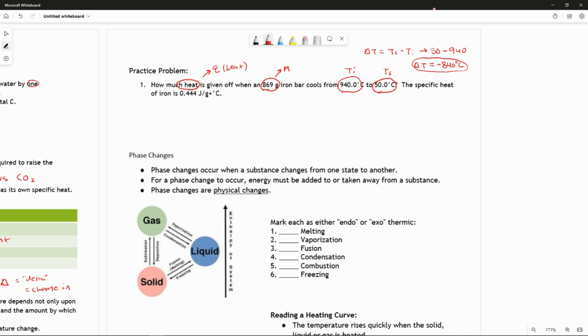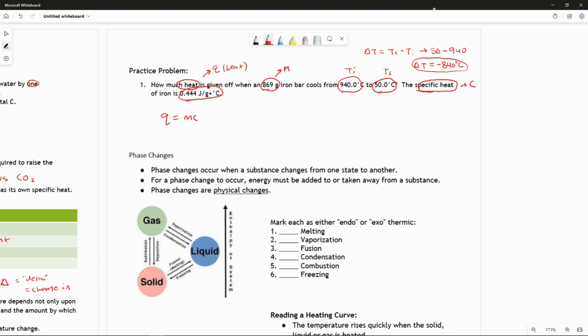Keep that aside for now. You're looking for Q, and you have all your variables now. You have m, delta T, and the specific heat, C of iron, which is 0.444 joules per gram times degrees Celsius. Now all you have to do is plug it in.